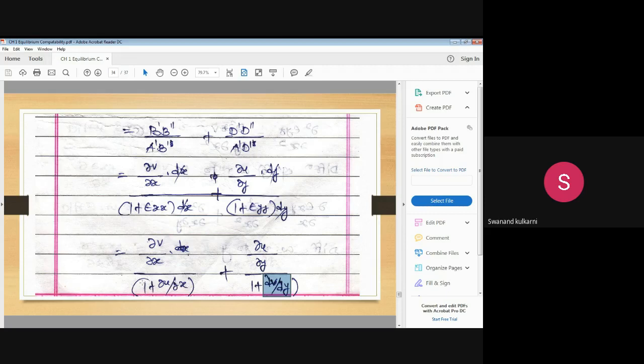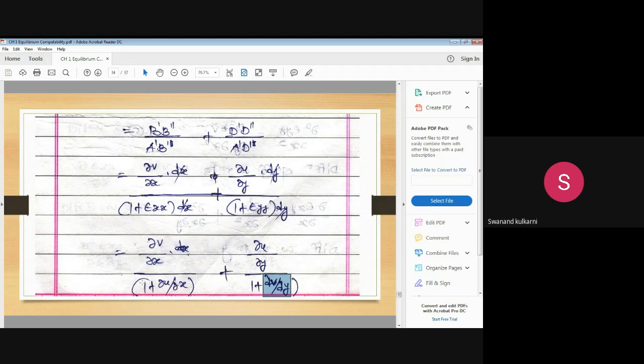Like this, these are very small terms as compared to this one value. If epsilon xx is 0.001 or 0.002, then it is very small. So that's why this additional part after plus is neglected.